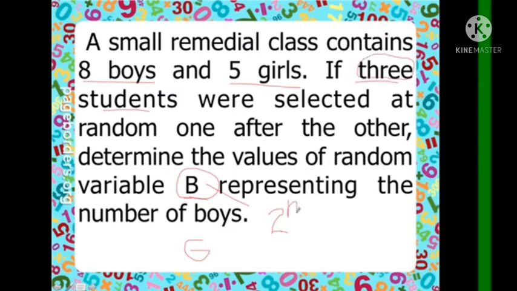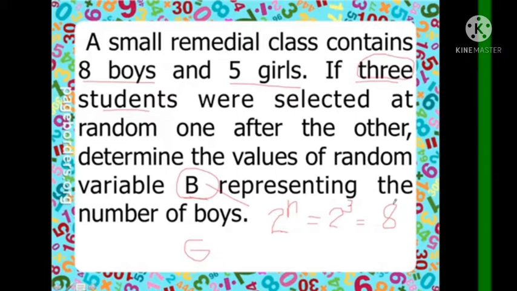That's the formula. So we have 2, and we have to pick 3 students. So the total possible outcomes are 8, right? Because 2 cubed or 2 times 2 times 2 is equal to 8. So we're expecting 8 possible outcomes.